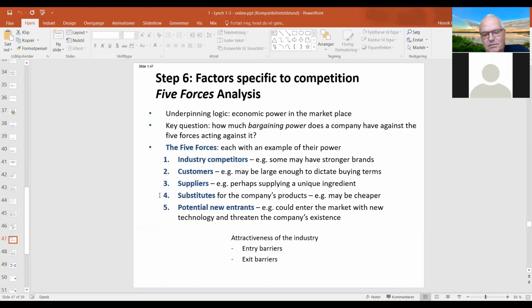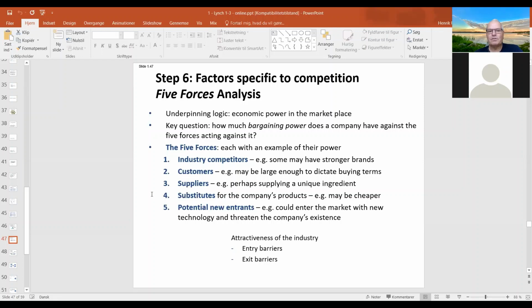So it's very basic: if you want to go from A to B, from Aarhus, where the university is, to Copenhagen, you can choose to fly, or you can take the train. If you are in the industry of offering flights to customers, then the substitute would be the train.